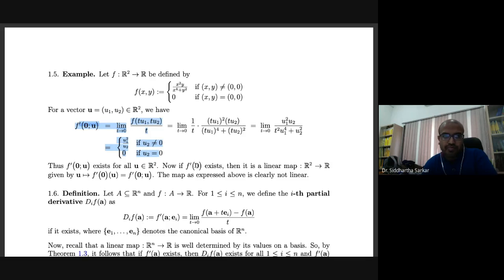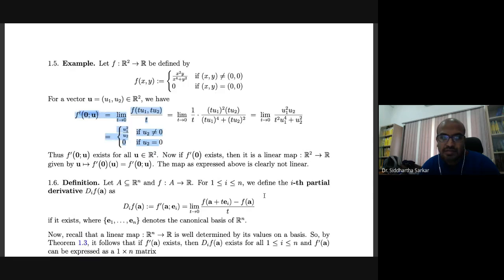Okay, so one of the most interesting applications, we are slowly coming towards the necessary and sufficient condition to achieve that. And then we need to define something called the partial derivative. I'm just writing it as DiF(a). Sometimes people use the notation del xi of f computed at a.